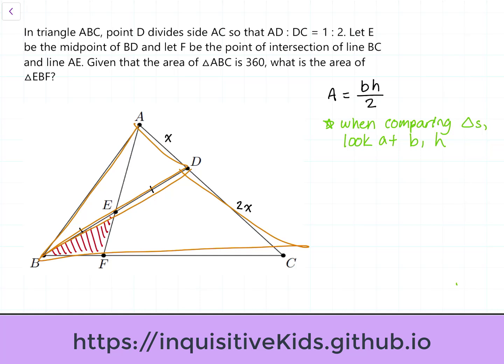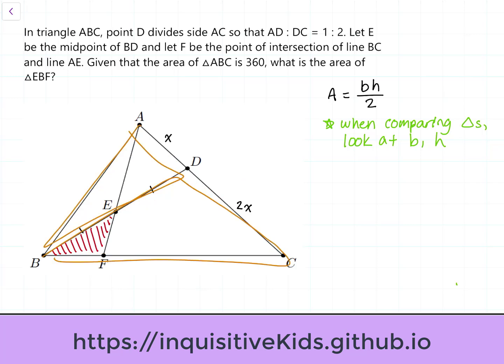One part is 2 times the other. Therefore, what do we know about the areas of each of these triangles? Looking at these two triangles, we know that triangle DBC is 2 times triangle ABD.